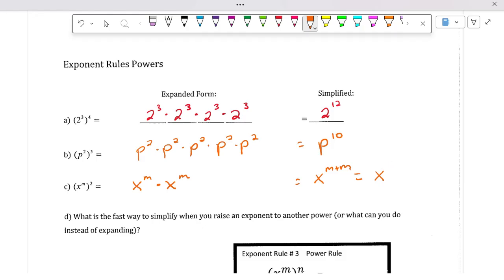What's another way you could write that to get 6, in terms of multiplication, still using a 3? What times 3 is 6? 2. So 2m.